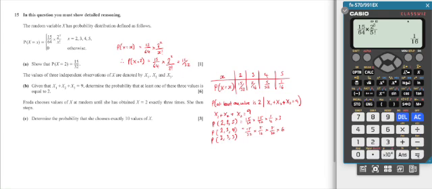And then there's just the one way of doing the last one, which is 5 over 16 cubed.